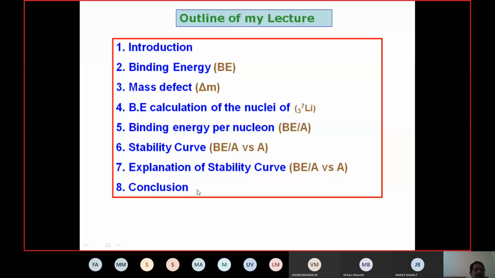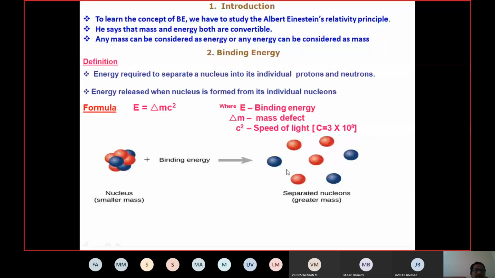First, the introduction. To learn the concept of binding energy, we have to study Albert Einstein's relativity principle. He says that mass and energy are both convertible. Any mass can be considered as energy, or any energy can be considered as mass.